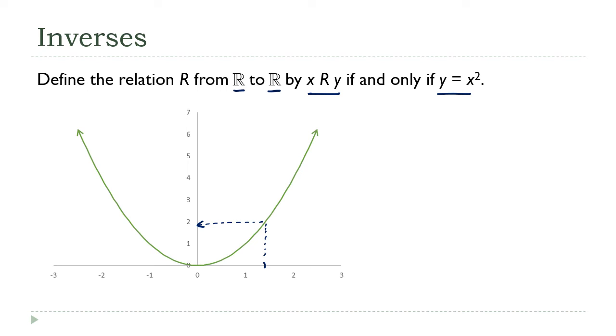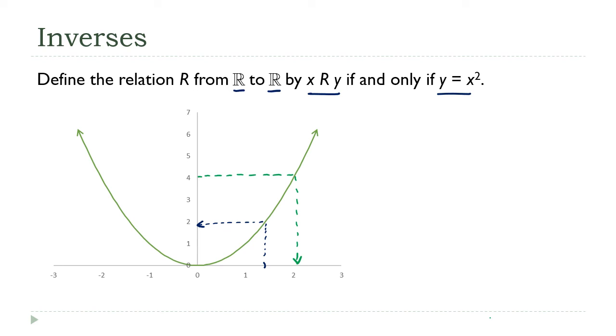So how can we define the inverse of this? Well, for the inverse, we just go the other way. Again, very similar to what you've seen before. Now, if we pick a y value up here, the point in the inverse that gets paired with it is the corresponding x value.